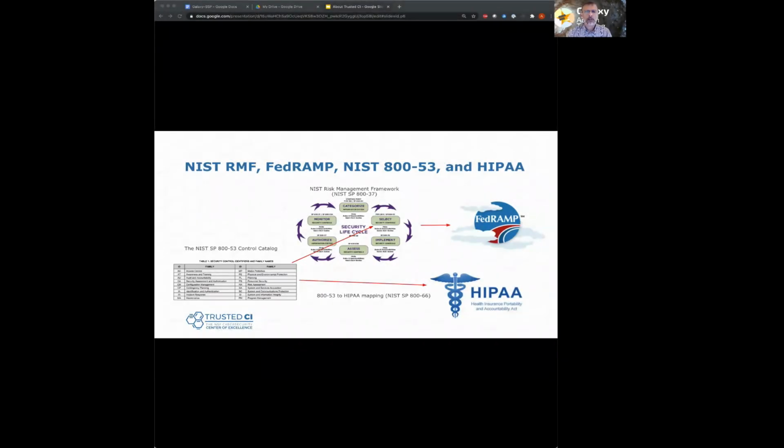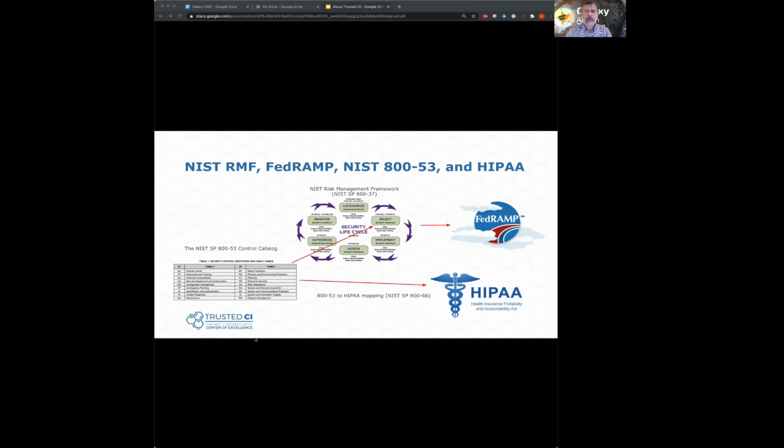A couple other things I should mention that are on the slide is the risk management framework, essentially the life cycle approach to managing risk, which starts with a system categorization. You categorize the system based on the impact a breach would have on the organization. And then you select the controls which are relevant, that are actually applicable for that particular system.